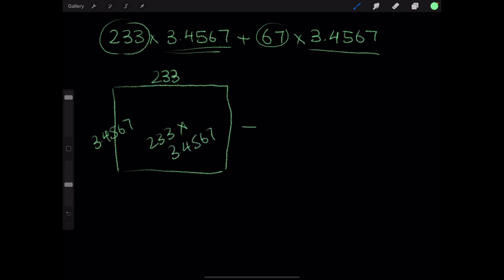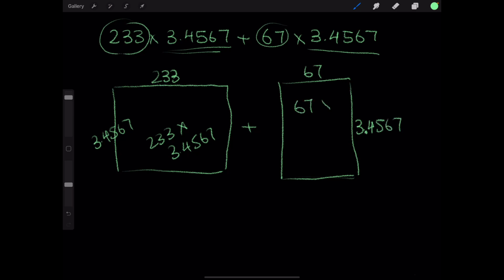We're going to add this to 67 times 3.4567. With our area model like this, what do you think we can do with these two rectangles? Merge them together. So we're going to sort of push them together, aren't we?